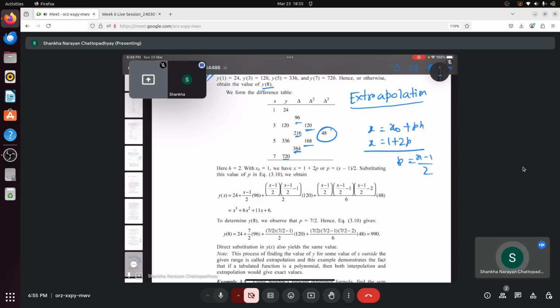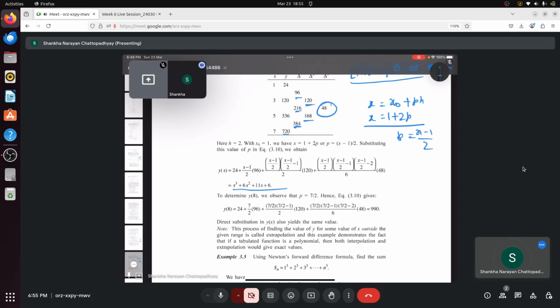You perform a few calculations, you get this cubic interpolating polynomial, and then finally you have x equal to 8.